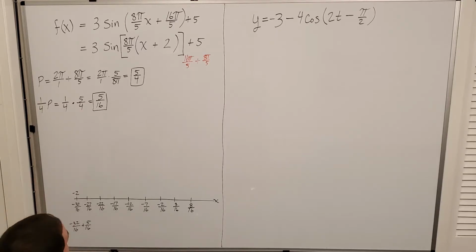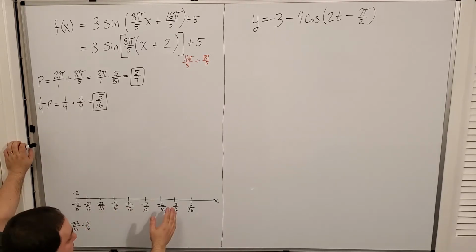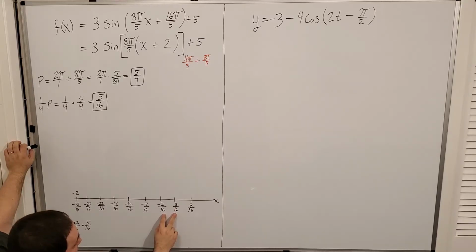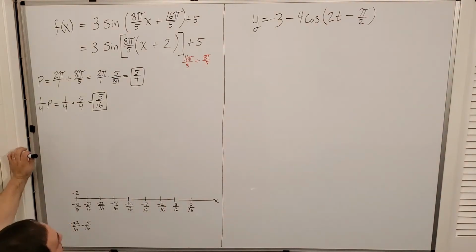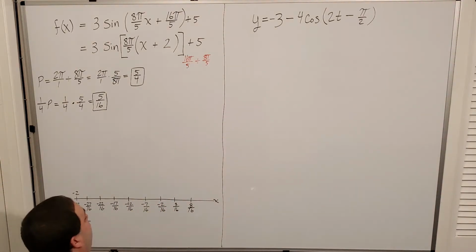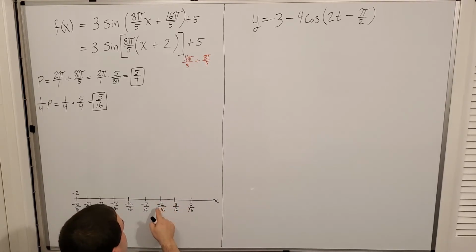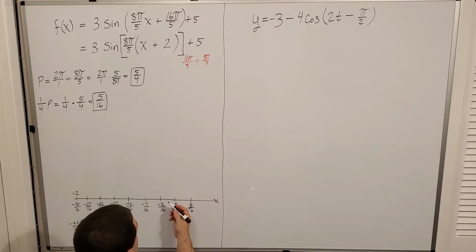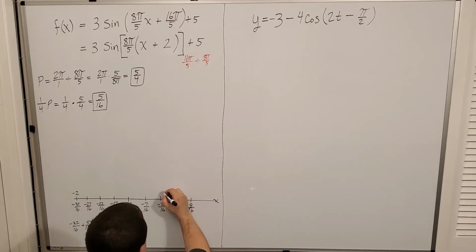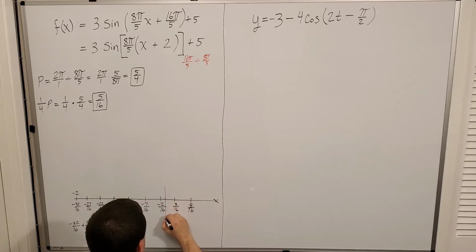And you'll notice that one of the reasons I did go this far was because between this negative and this positive, this is where my y-axis is going to be. So I definitely want to be able to draw that in. It's going to be a little bit closer to the -2 sixteenths because that's a smaller size number. So it's going to be about right here-ish.